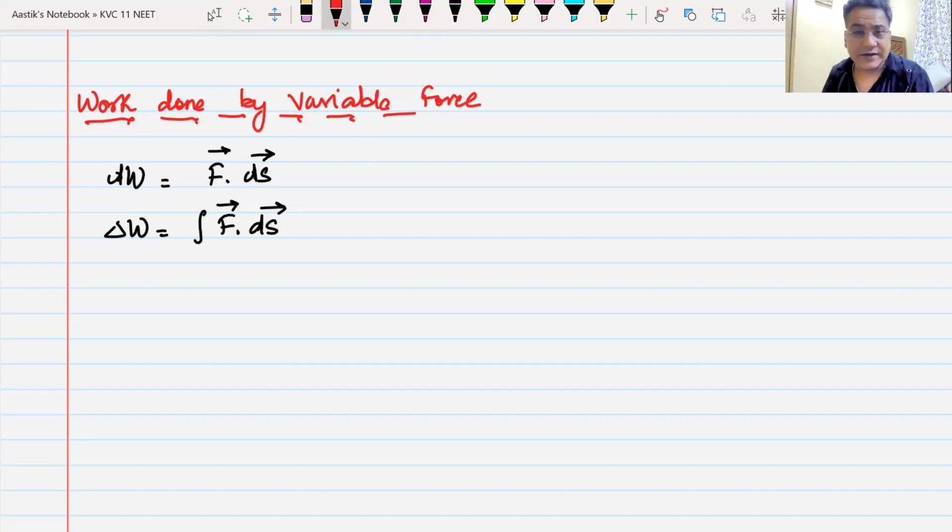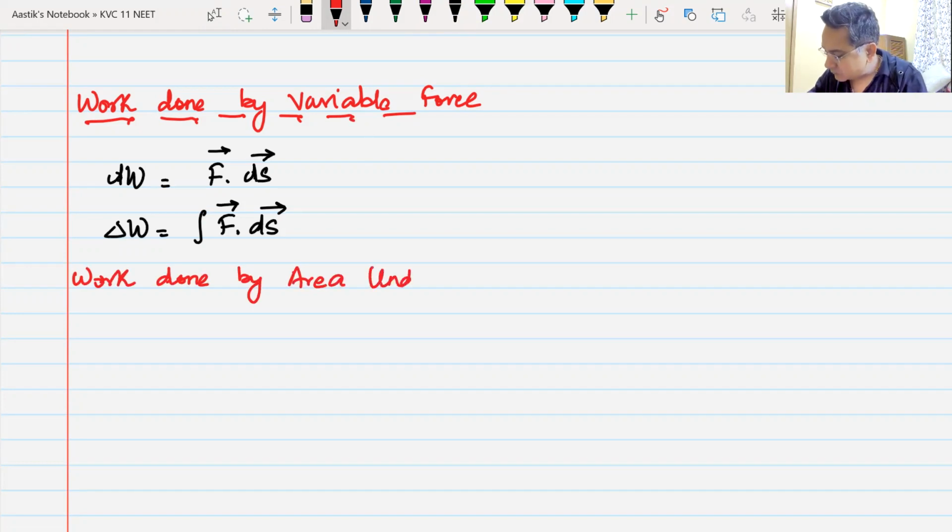Now, whenever this variable force will be given, in most of the cases, you will be given a graph between force and displacement. That is the next heading, work done by area under graph. And this is important. Many questions have come from this topic and we will be doing it.